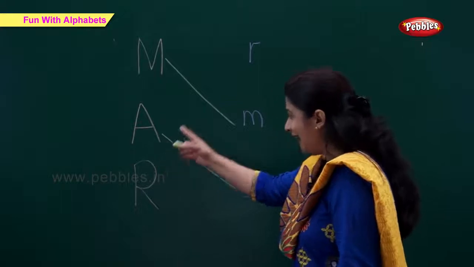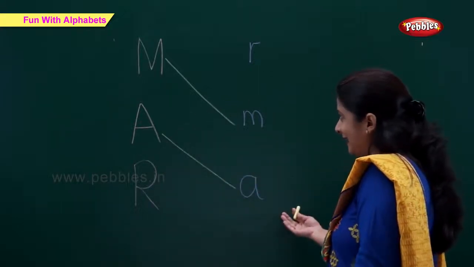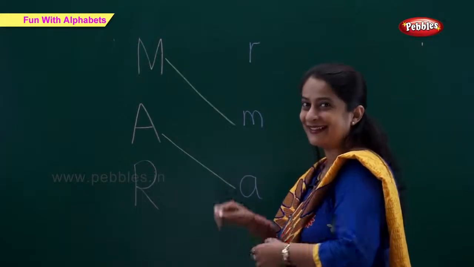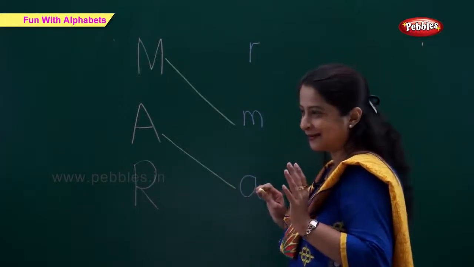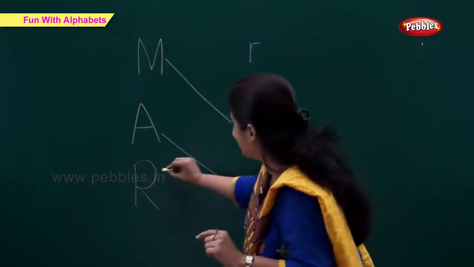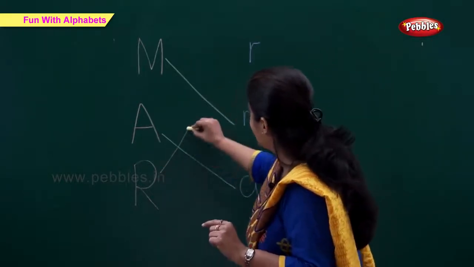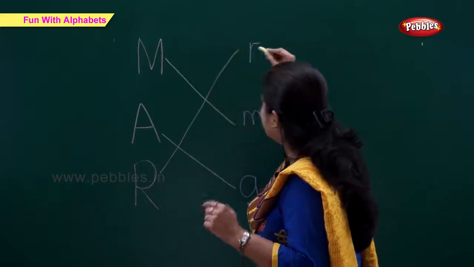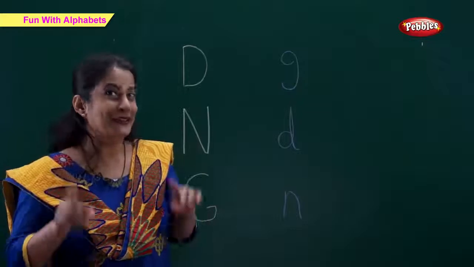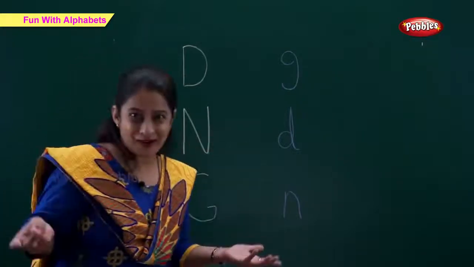So, big A and small a. And which is this letter? It's big R. So, where is small r? Yes. So, now we will match big R and small r. I know you are enjoying. So, let's match few more.